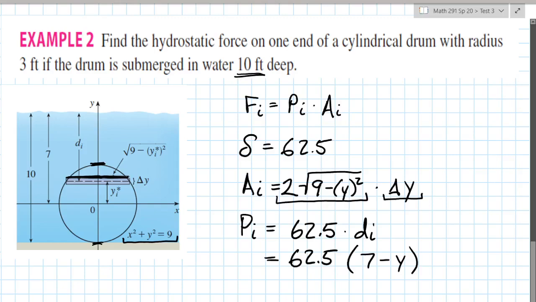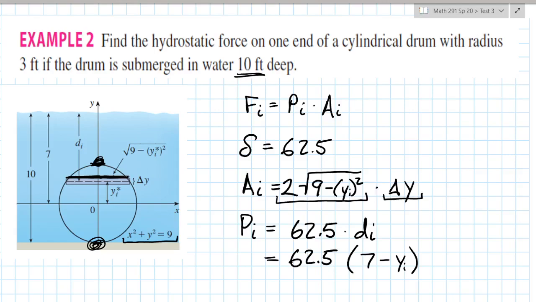If we think about it, when y is 0, we should have a depth of 7. When y is negative 3 at the bottom, we should have a depth of 10. When y is positive 3, we should have a depth of 4. And so that all works out. So that's y sub i, that's a sub i as well.